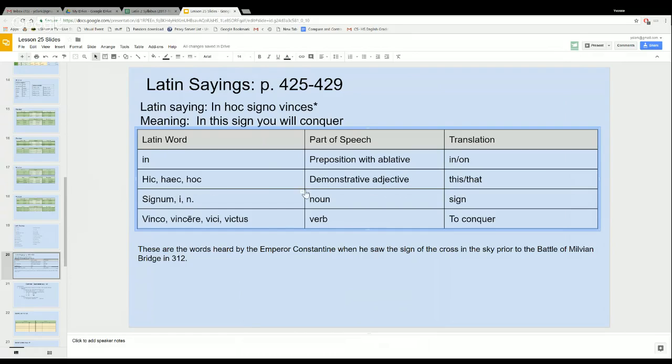And then signum, signi, neuter, this is a noun, it means sign. And then vinces, this is from vinco, vincere. This shouldn't be long. Why shouldn't this be long? It's in the third conjugation. That's right. Exactly. So it should be a short E. You will conquer.